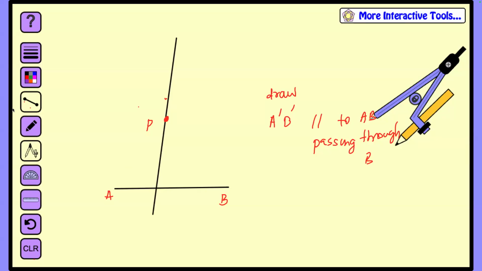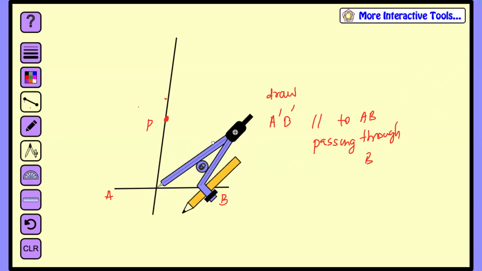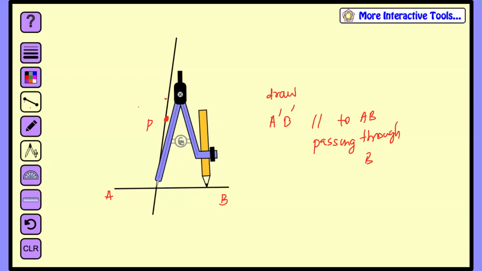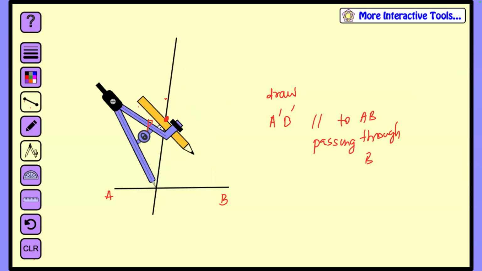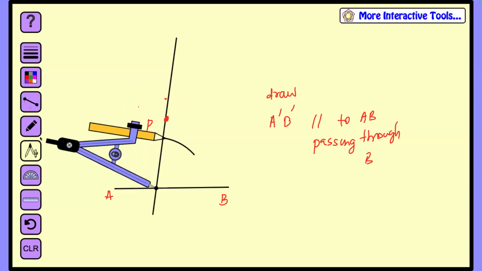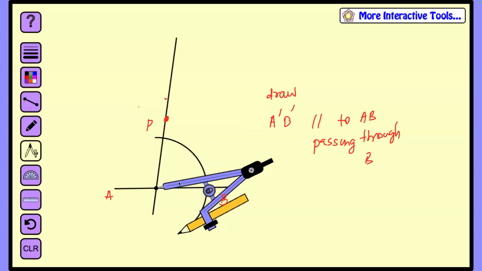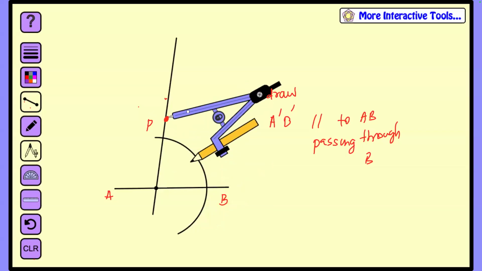Now you copy the angle, that's all. How did you copy the angle? Take your compass, move it here, push it a little bit. Lock it, then copy the angle. For copying the angle, you drew this line first, then keep it in here, and draw the same line.